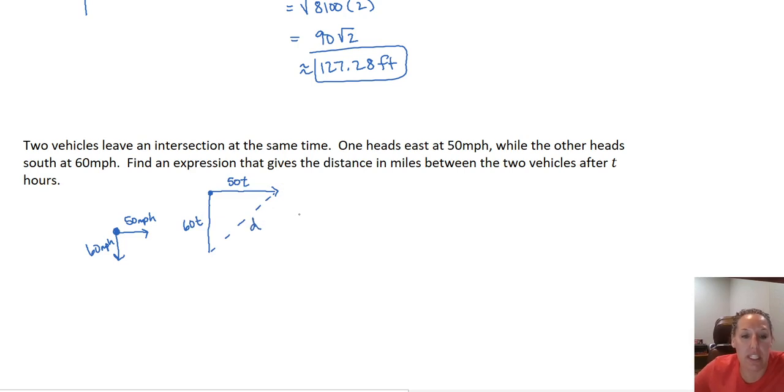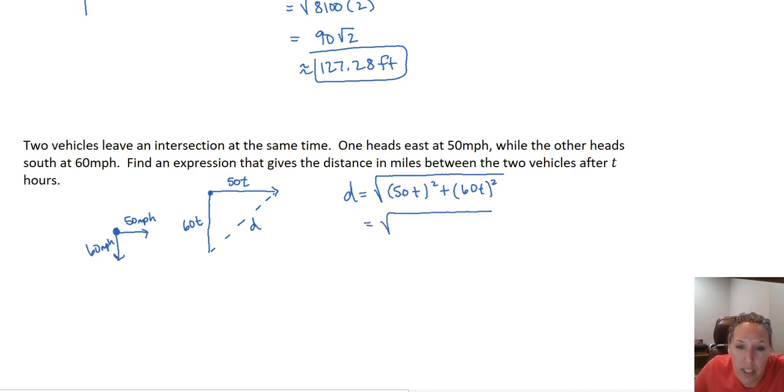So we want to find this distance d in the middle. So our d is going to be equal to the square root of the expression 50t, the difference between our x's, quantity squared, plus the distance in our y's, we can call that original point 0, is going to be 60t squared.